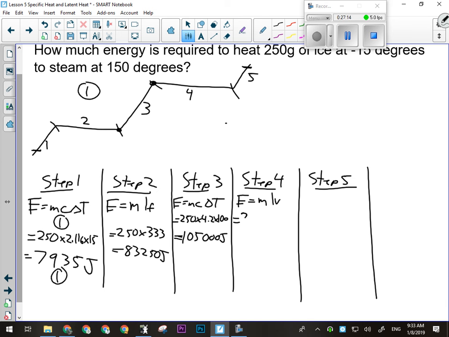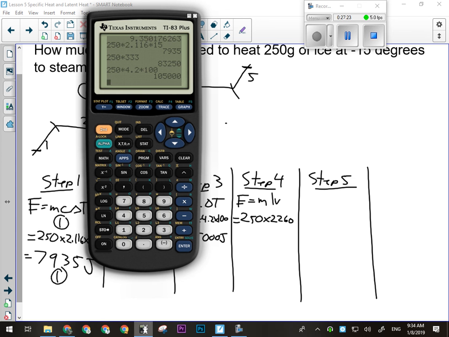So that's going to be 250 grams, because the mass doesn't change, times 2,260 joules per gram. All right, 565,000 joules.